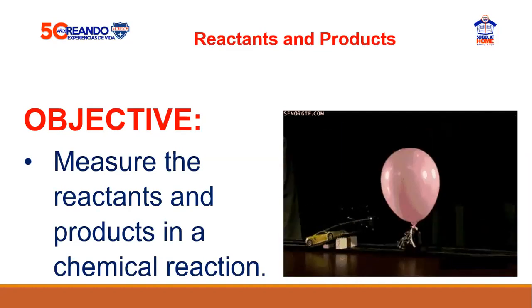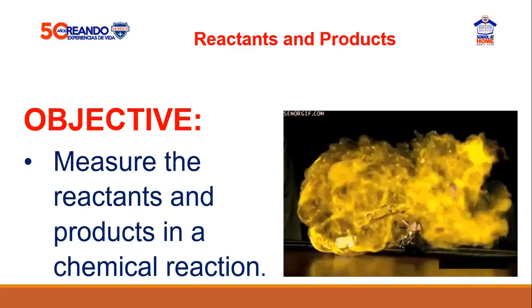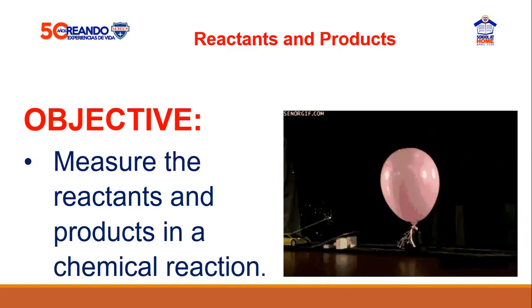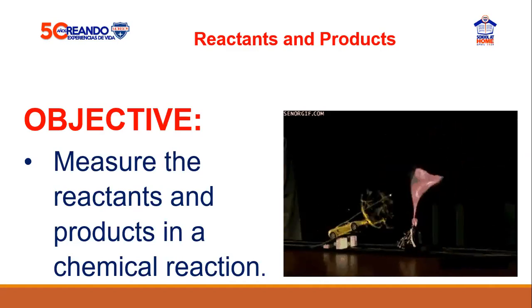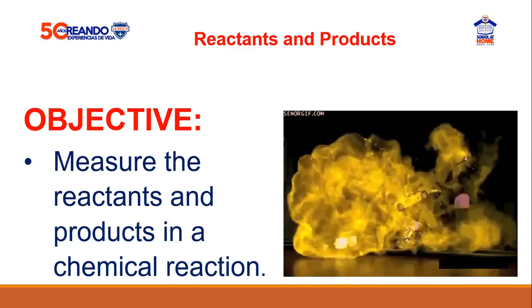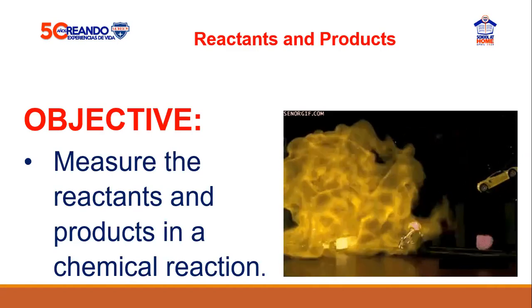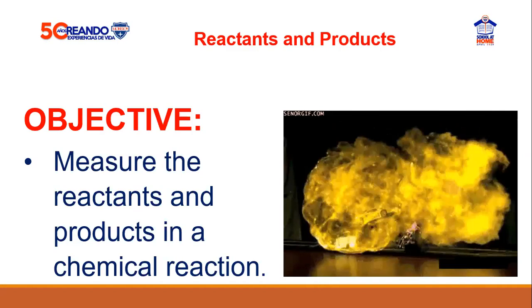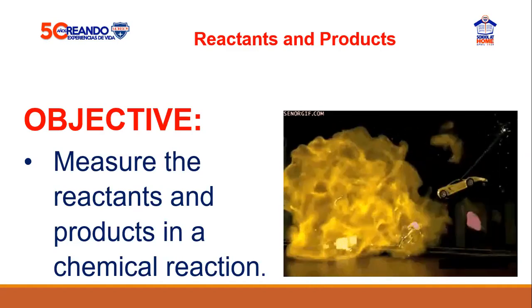Okay, the car punches the balloon and you can see flames. You can see the car going through the flames, right? Well, that is a chemical reaction where you can see reactants and probably a product.